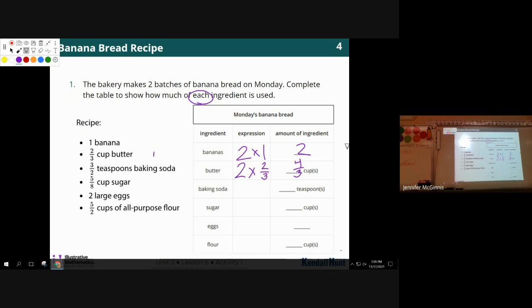So if you add 2 to 5, it makes 7. The denominator doesn't change.